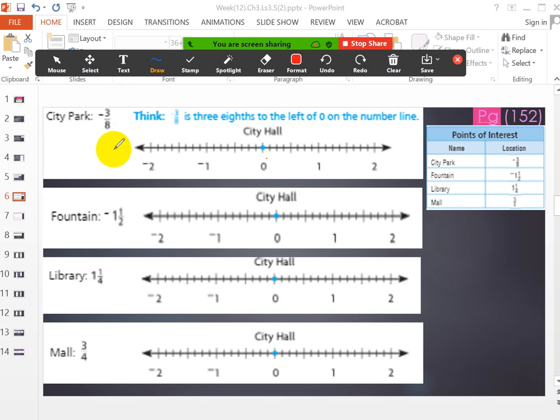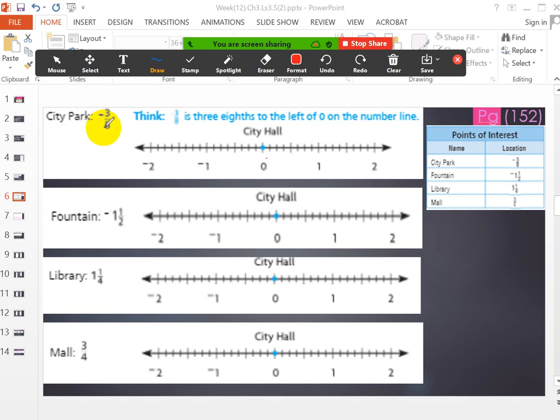Negative 3 over 8. How will we locate the fraction? You remember the fraction? I think you took the fraction in the first chapter. How will we locate the fraction on the number line? The same strategy, but here the difference will be the sign.